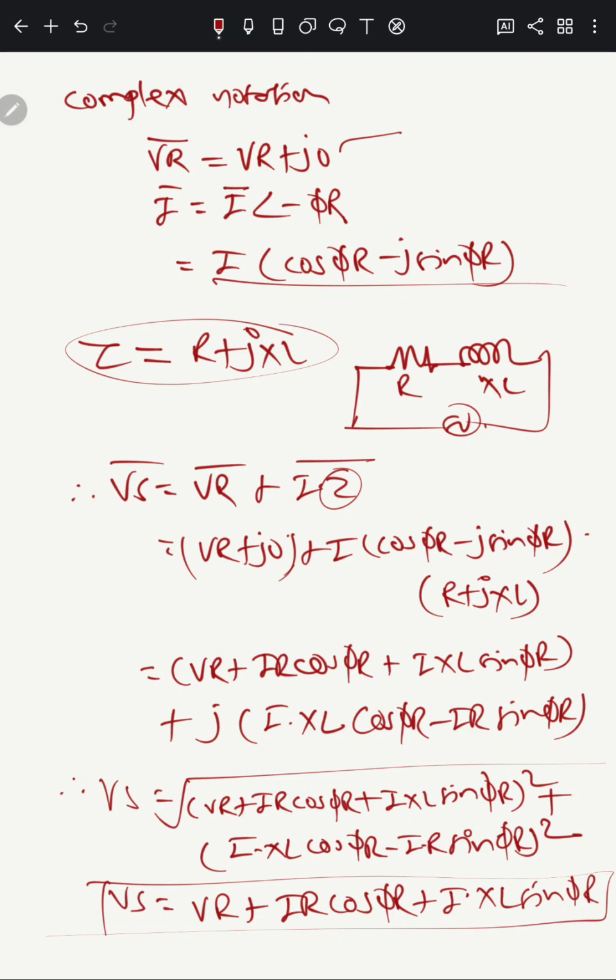So this is the answer. This gives fairly correct results for lagging power factor, because for an RL series circuit power factor is treated as lagging, and the solution in the complex notation is in a more presentable form.